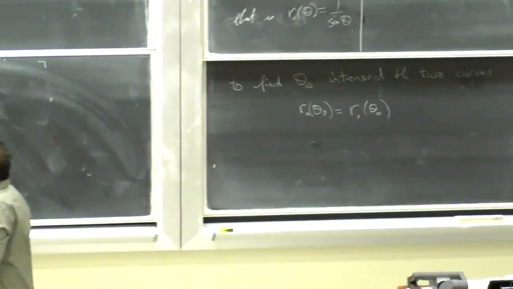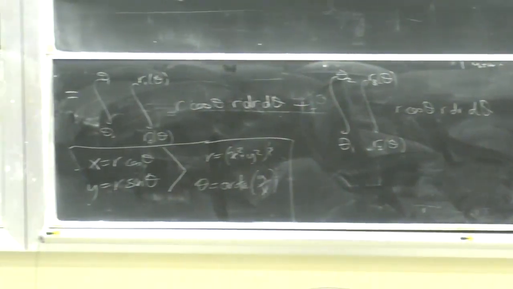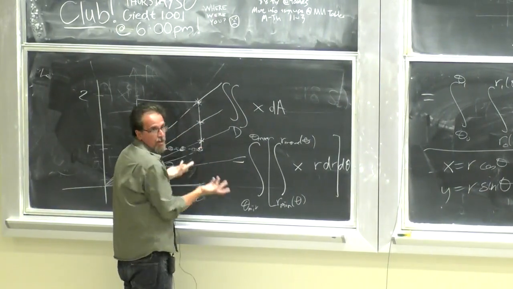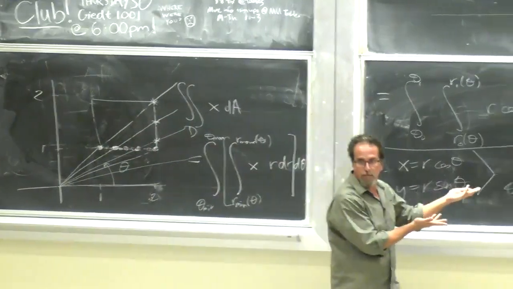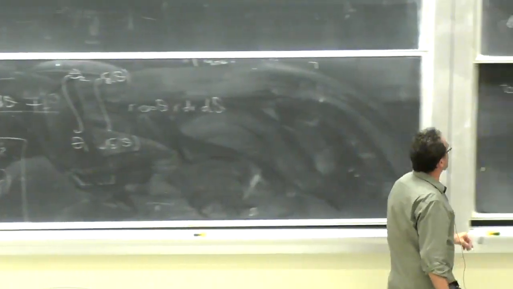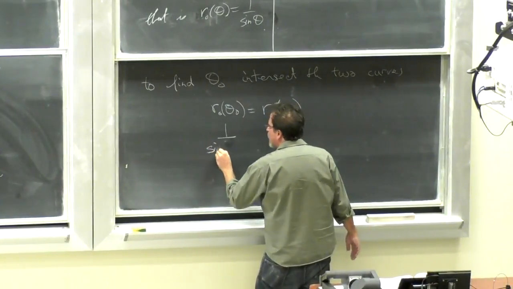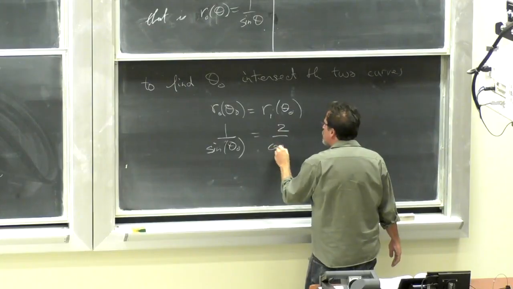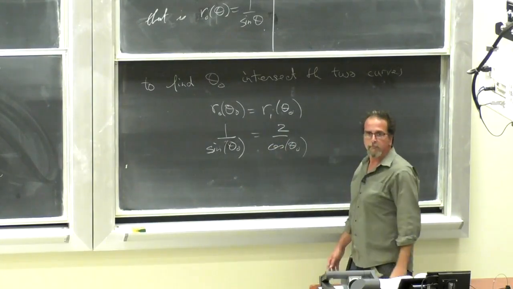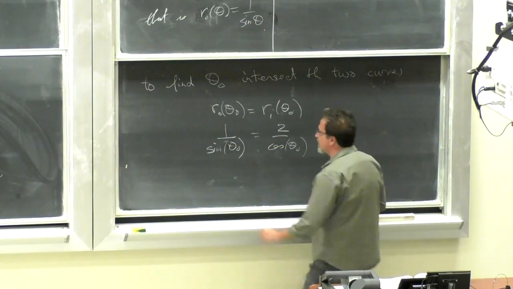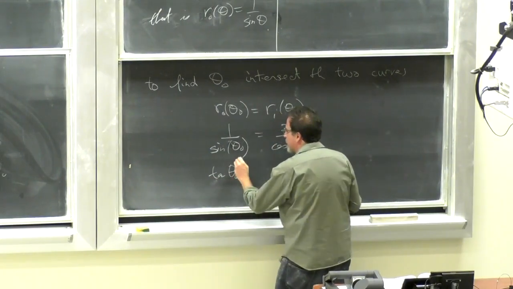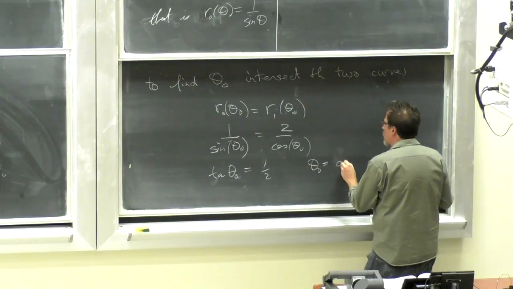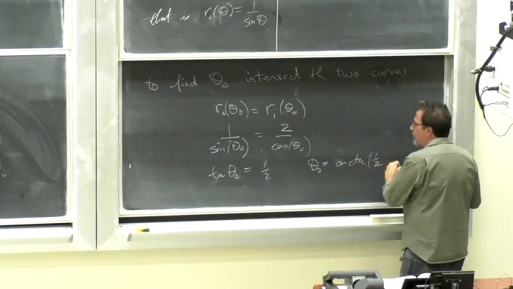It says this lower dotted curve at theta 0 equals the upper asterisk curve at theta 0. That's all that means. But r0 at theta 0 is 1 over sine of theta 0, and r1 at theta 0 is 2 over the cosine of theta 0. And I can rearrange this a little bit, and that tells me the tangent of theta 0, because sine over cos is tangent, equals 1/2. Or theta 0 equals arctan of 1/2.